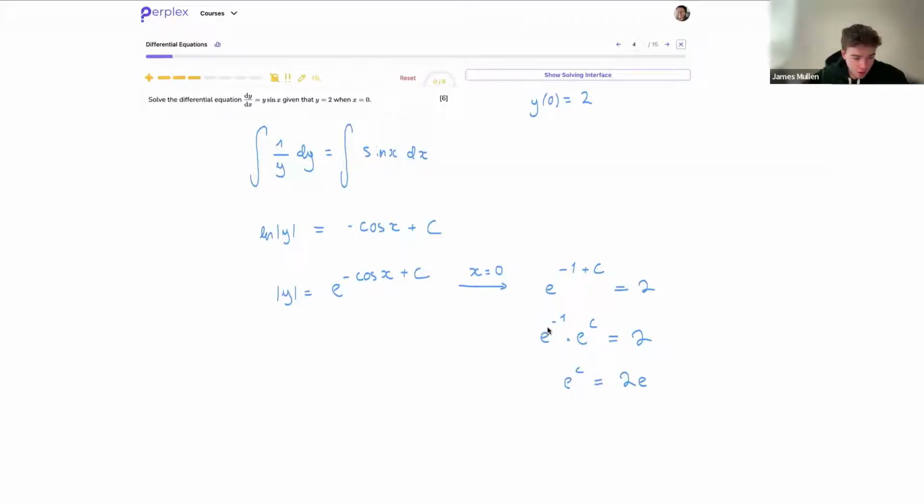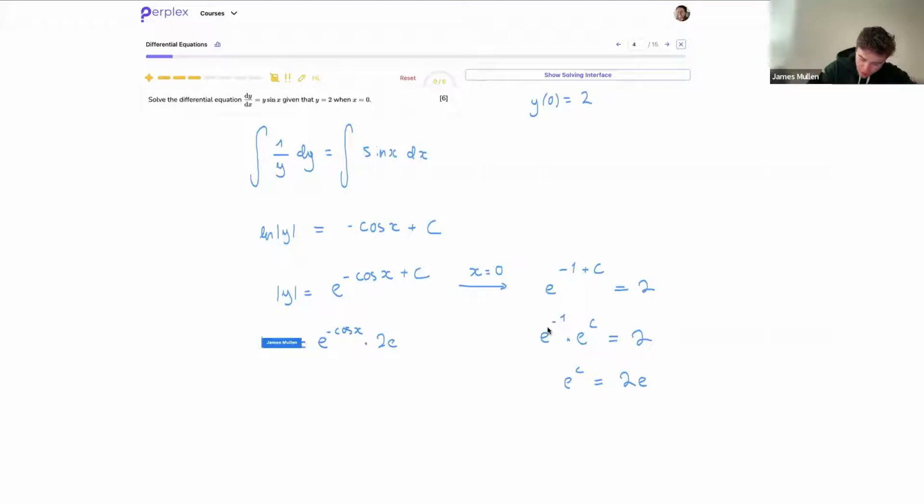Okay. So once I get that, instead of writing the e to the c in the constant, I can actually just bring down e to the c because I have a sum in the exponents, and write e to the negative cos of x times e to the c, which is 2e, all right?